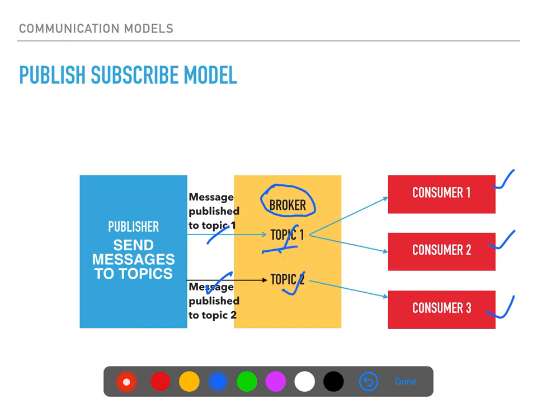The doctor can get only two data items: the body temperature and the heartbeat, whereas the environmental specialist can get the room temperature. So from the same device, data is sent to two different topics: topic 1 for the doctor, and topic 2 for the environmental specialist. This kind of model we usually call the publish and subscribe model.